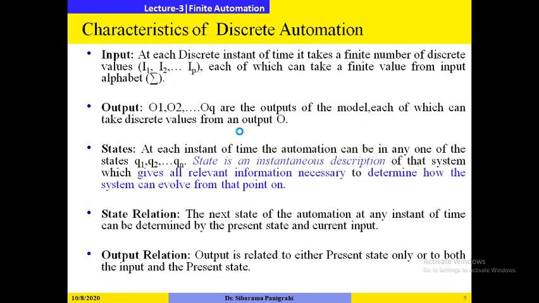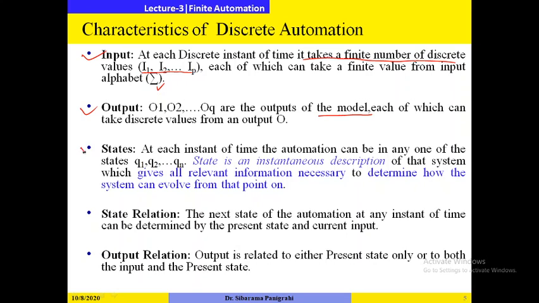So the discrete automaton has input: at each discrete instant of time, it takes a finite number of discrete values, that is I1 to IP, denoted by the input alphabet, that is sigma. Output: a discrete automaton may produce one or more outputs. So O1 to OQ are the outputs of the model.